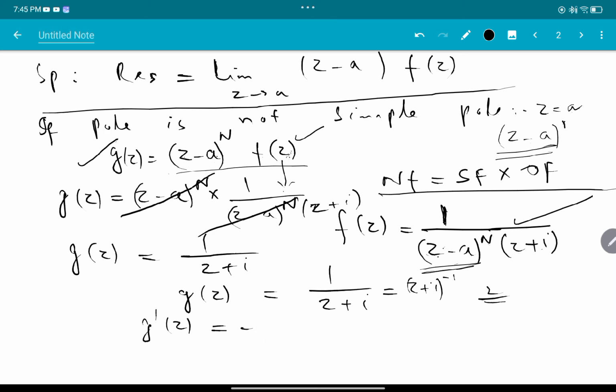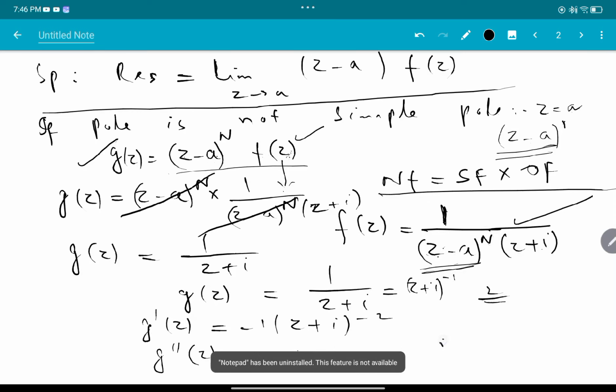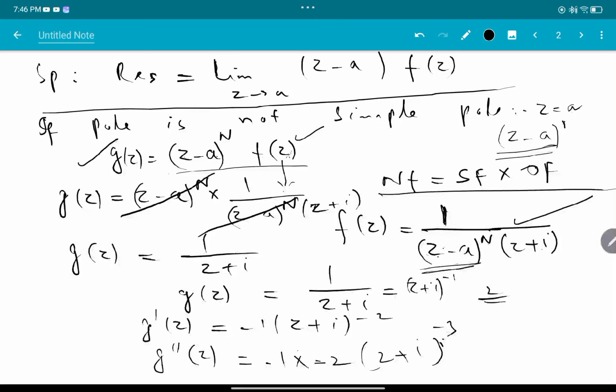After differentiation, it becomes minus 1 into (z plus i) raised to minus 2. Then g double dash z is equal to minus 1 into minus 2 into (z plus i) raised to minus 3. So this is our second order derivative, and the order of this pole is 2.